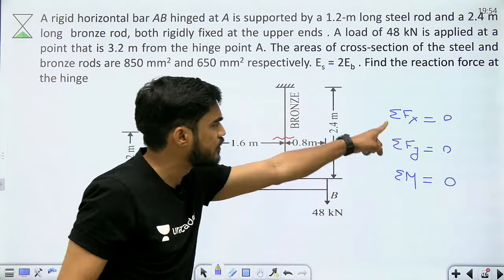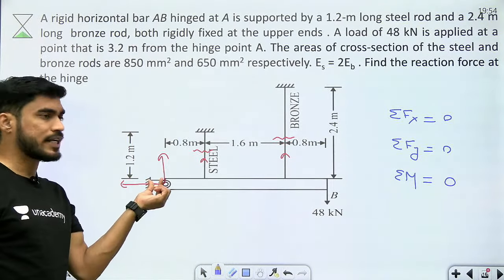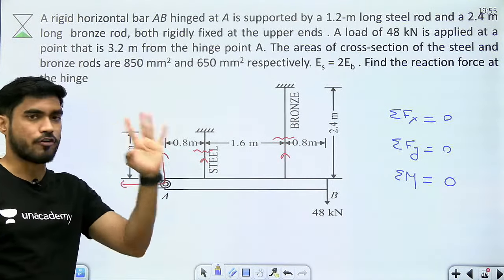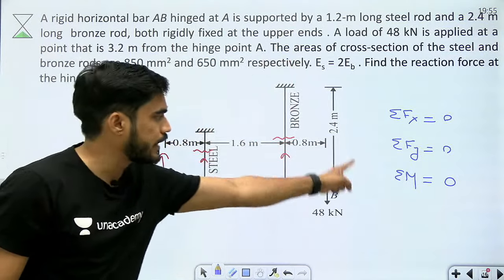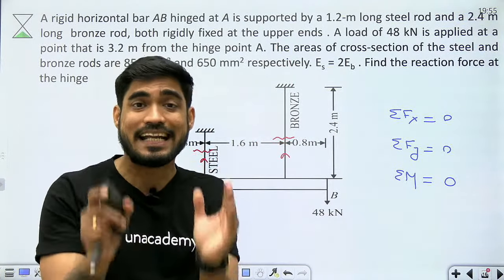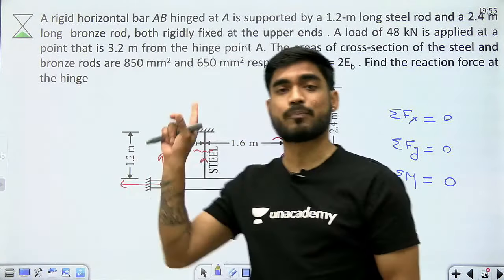So we have 4 unknowns, 2 reactions here, 1 here and 1 here, and only 3 equilibrium equations. So this is a statically indeterminate problem.